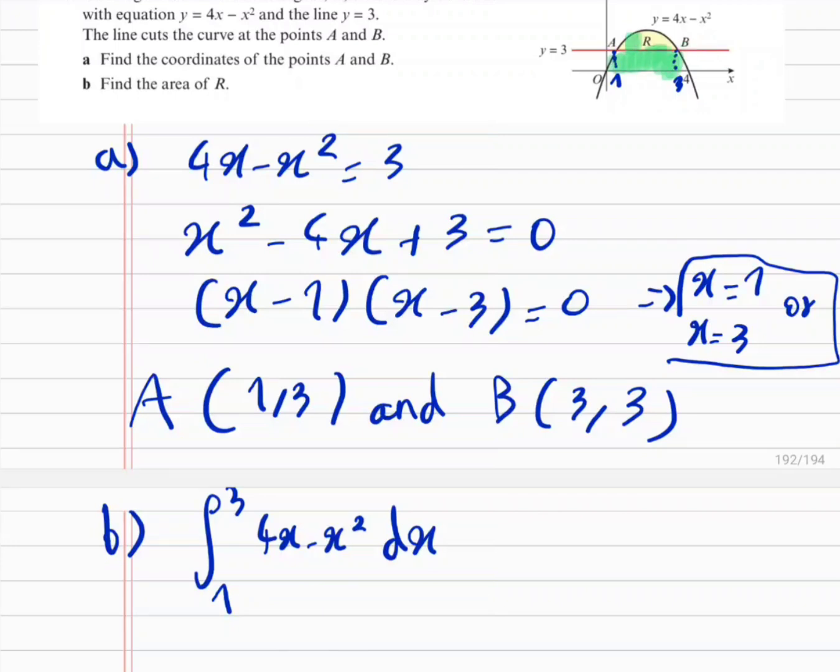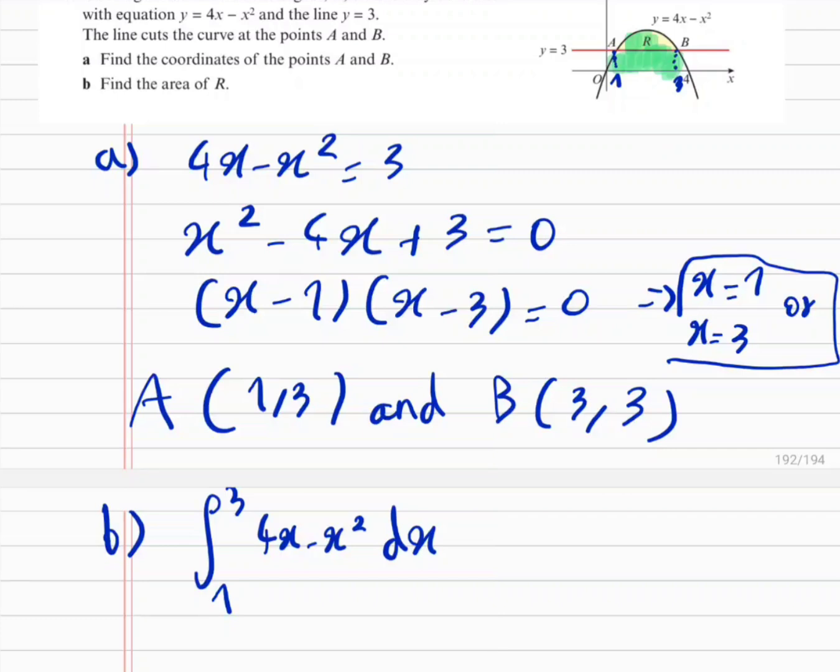So the output is simply going to give us the area that is bounded by the curve and the x-axis. Now, obviously we know that we don't want this whole area. We only want the area of the yellow region, or the region R. So we need to find a way to find only that specific area.